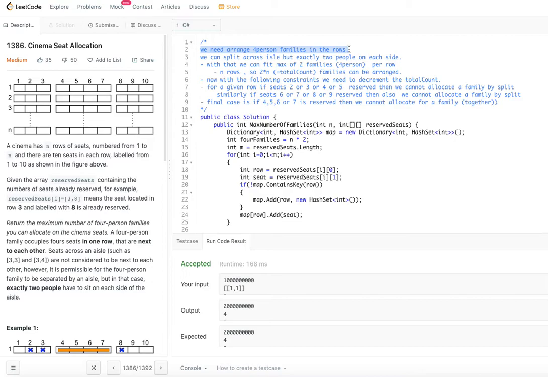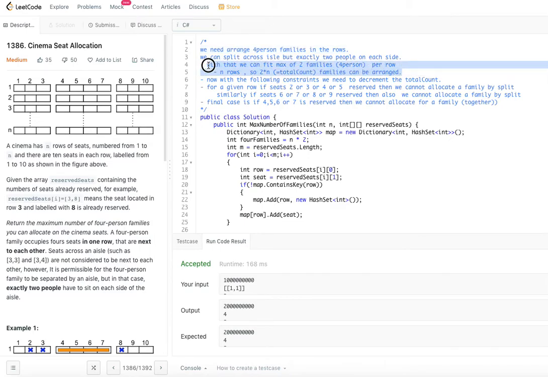We are given the already reserved seats. We can split across the aisle, but exactly 2 people on each side. That is another condition. With that, we can say if there are n rows, the maximum that we can make is 2 times n families.